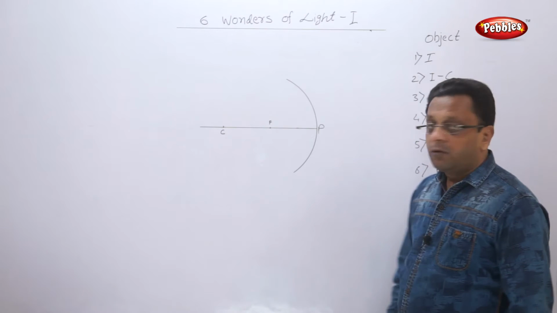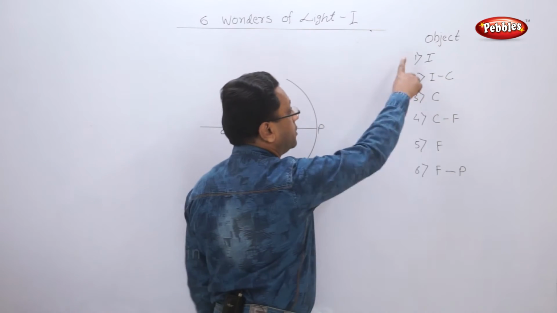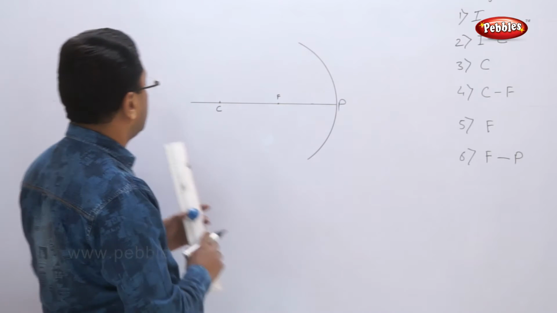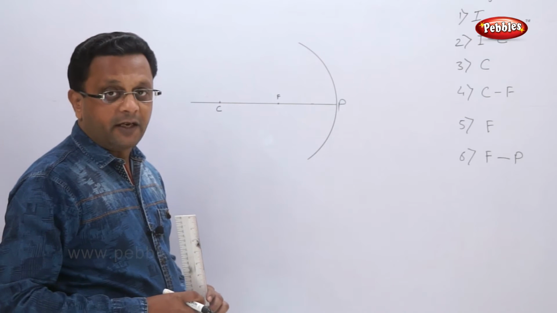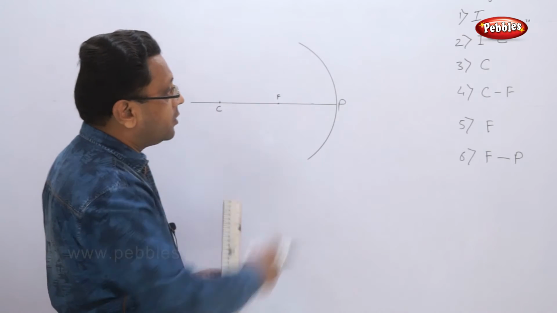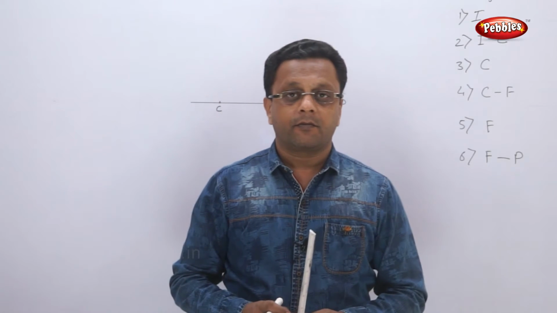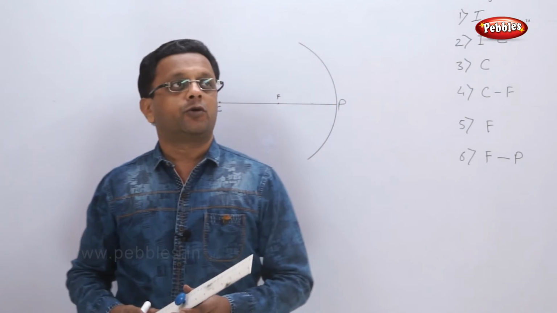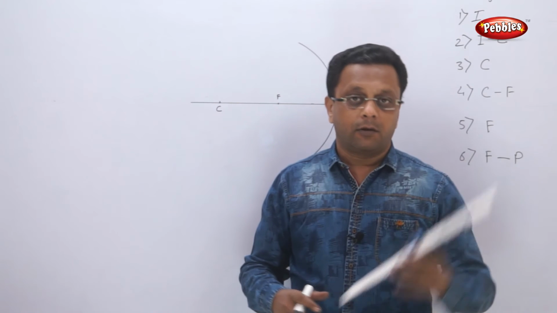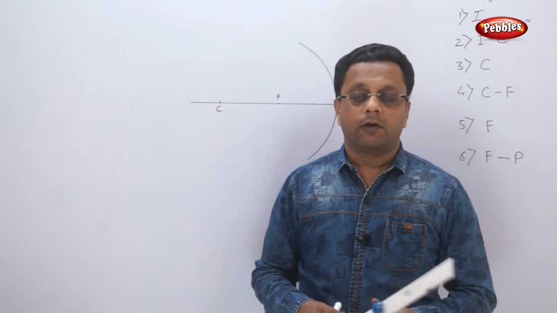Now we have to see these points. We will draw the incident ray with a red pen and the reflecting ray with a green pen. Now as the rays are coming from infinity, suppose the rays are coming from some star which is light years away from us, what will happen?